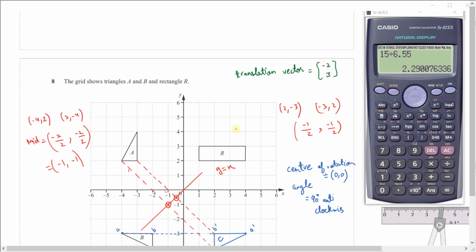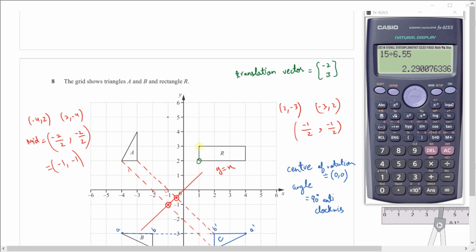So that means each coordinate will move 2 in the negative x direction and 3 in the positive y direction. So if I take this vertex of this rectangle, I move 2 in the negative x, 1, 2, and then I move 3 in the positive y. So 1, 2, 3. So this point will end up here.